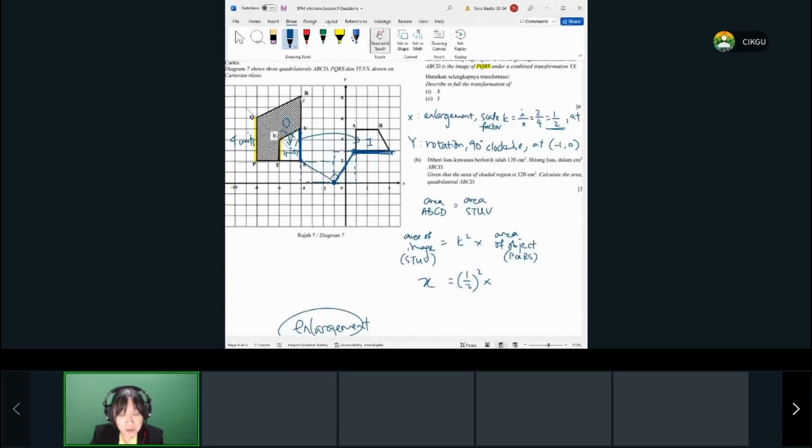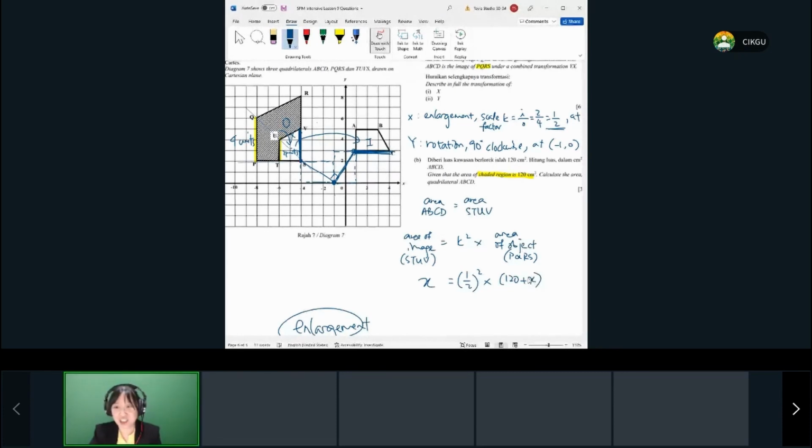But remember, they said the 120 is just the shaded part only. So if you want the whole area of PQRS, it should be the shaded part plus the area of this image, right? Which means this area is 120 plus x.